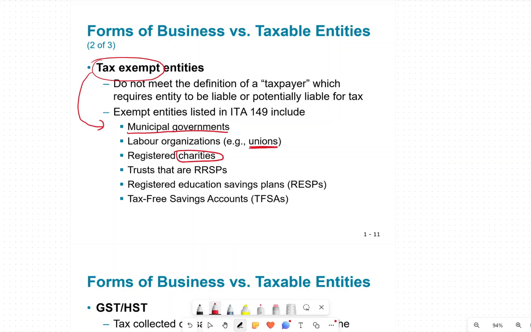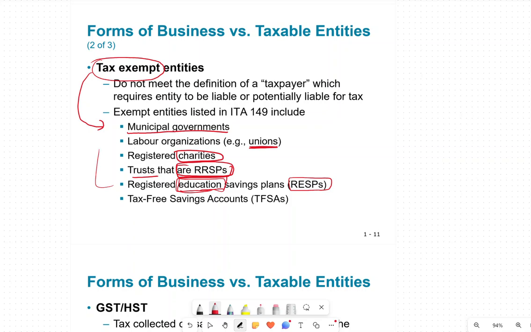And then trusts that are RSPs. They monitor RSPs, they're trust companies, and they don't pay any taxes. RESP is a Registered Education Savings Plan. If you put money towards your kids' education, we call it an RESP, and it is tax exempt.